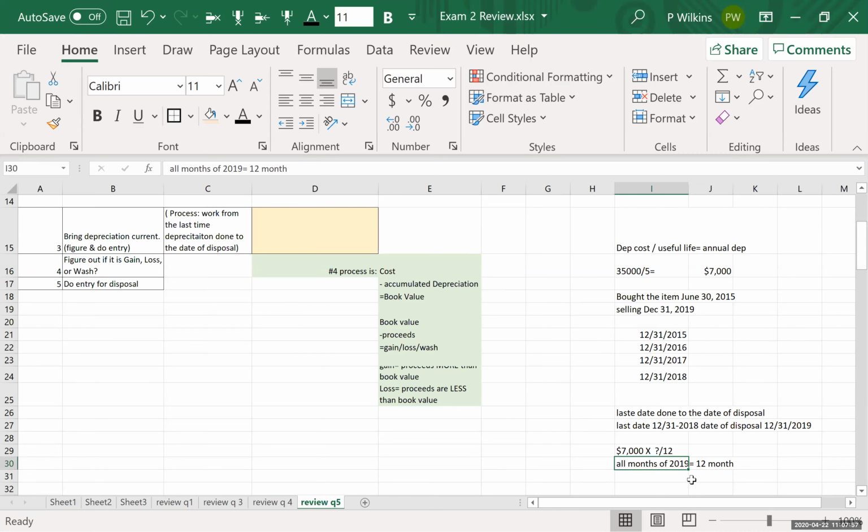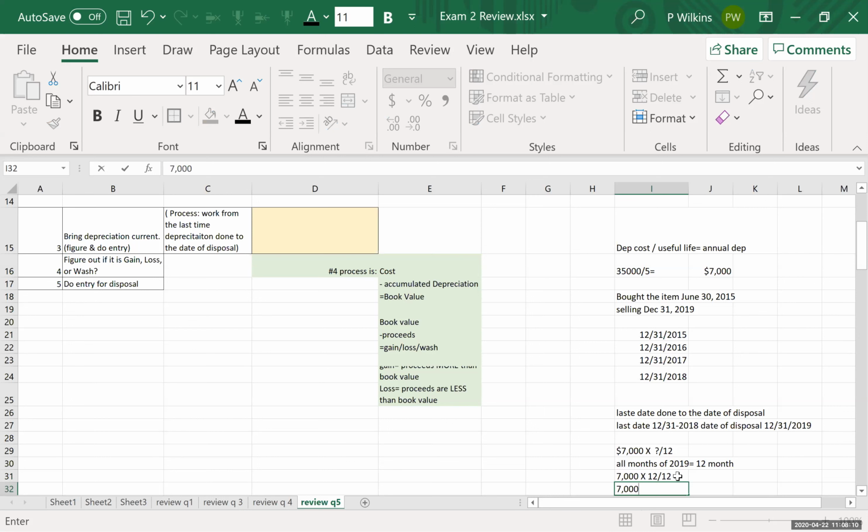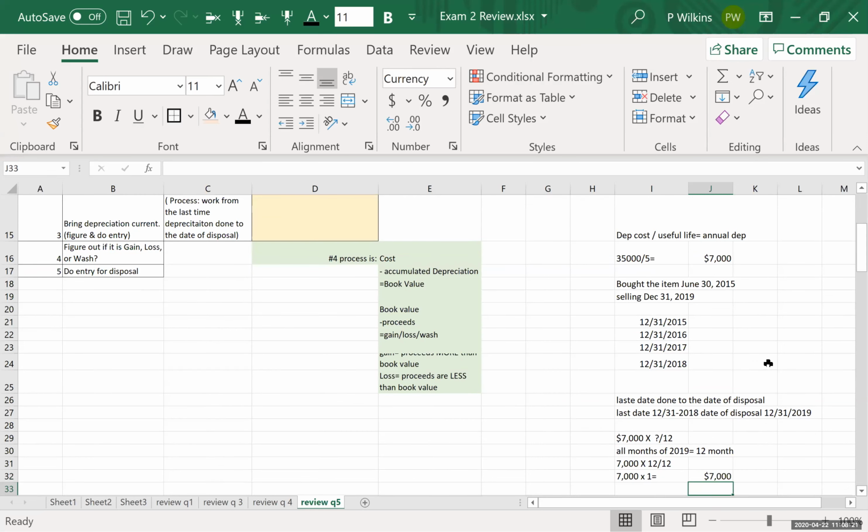Okay, so all months of 2019. So that becomes 7,000. It's not 70,000. 7,000 times 12/12, or 7,000 times 1 equals $7,000, right? So we have to do an entry for $7,000 to bring the depreciation current.